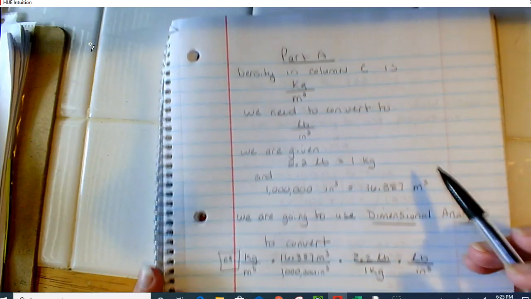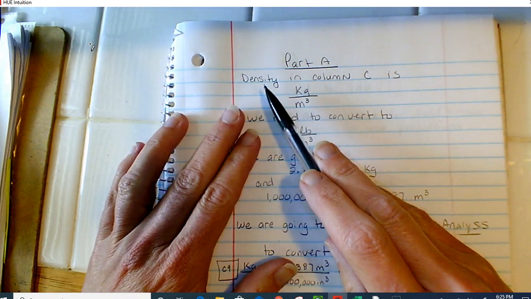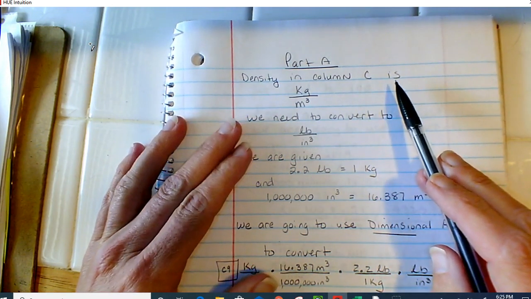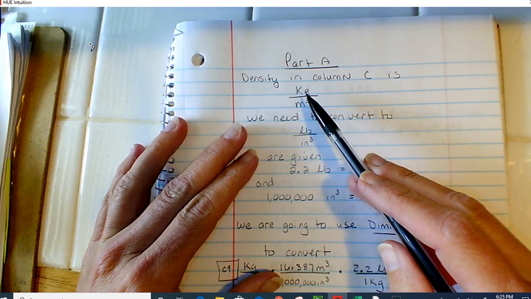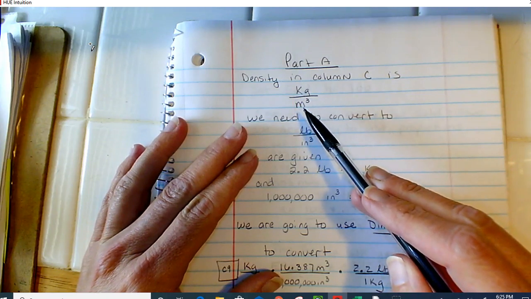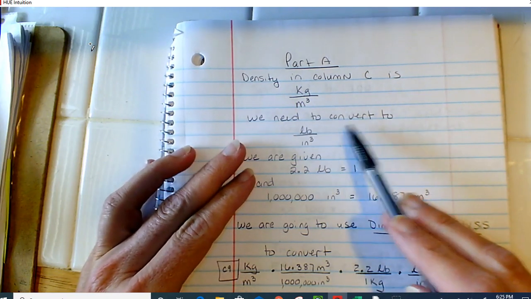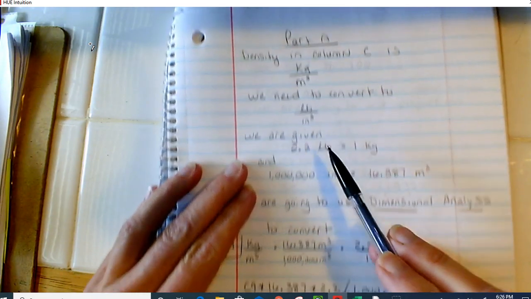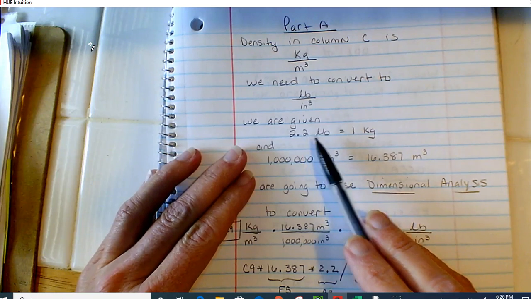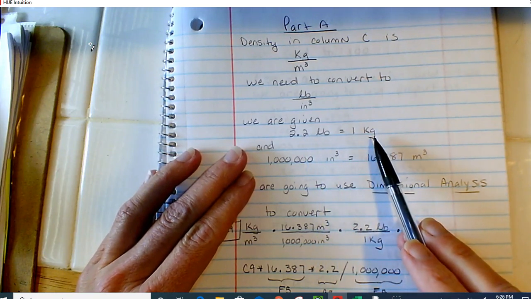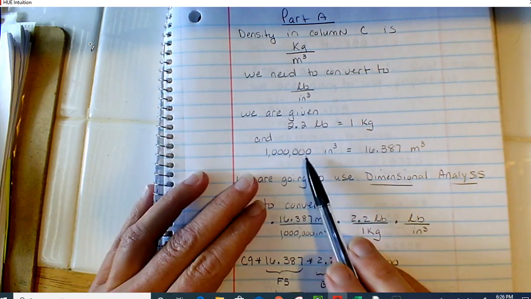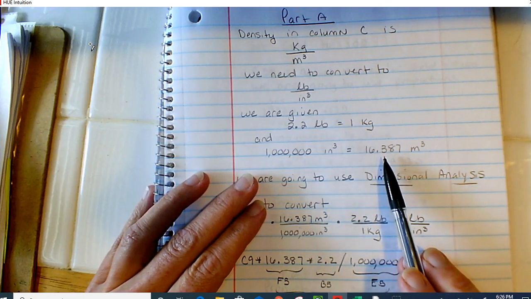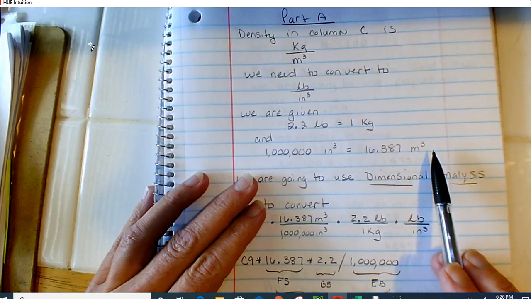In part A, they're asking us to convert the density in column C, currently given as kilograms per meters cubed, into pounds per inches cubed. We're given that 2.2 pounds equals 1 kilogram, and that 100,000 inches cubed equals 16.387 meters cubed.